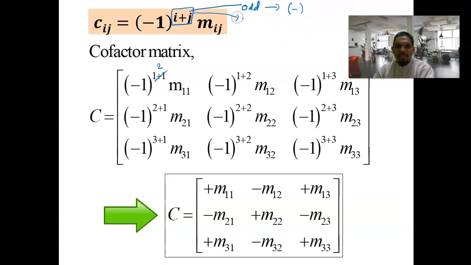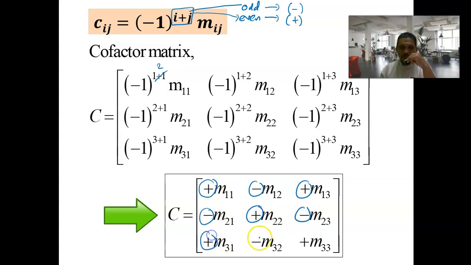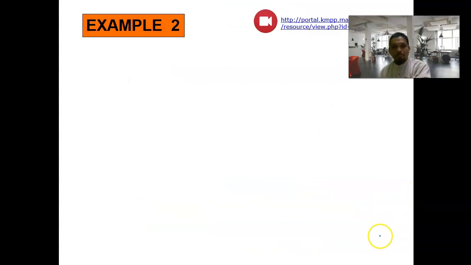And if this is an even number, then it gives you positive 1, or a positive sign. So the sign changes; we call this the pattern of positive, negative, positive, negative, positive, negative, positive, negative, and positive.